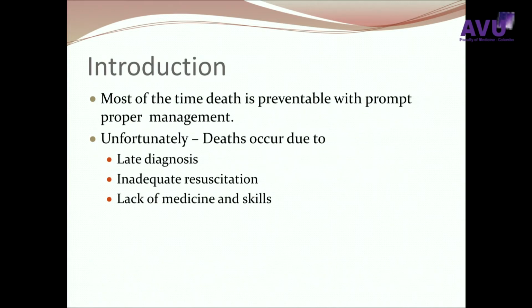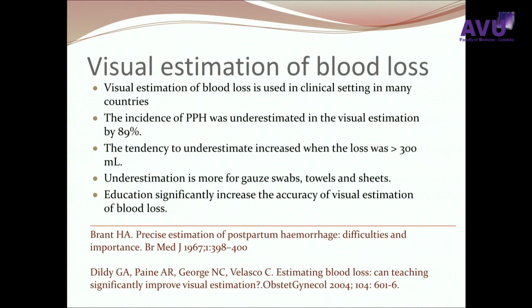Most of the time, maternal death is preventable when it's due to postpartum hemorrhage, and one of the main causes of this is late diagnosis. And the main factor that leads to this late diagnosis is underestimation of blood loss, and blood loss is notorious for being underestimated. Visual estimation of blood loss is used routinely in clinical settings in many countries.